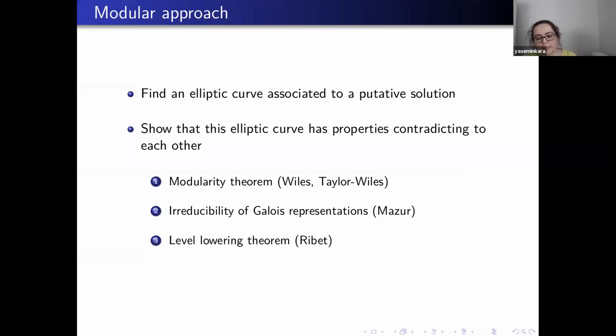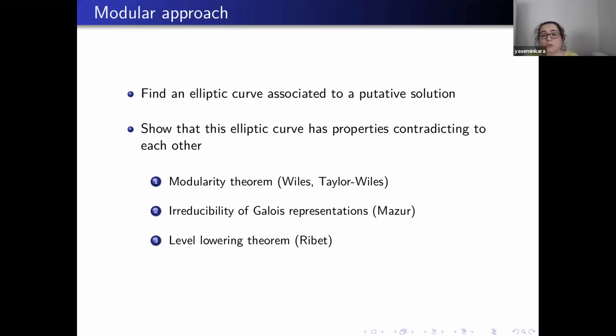Then for this solution, they attach an elliptic curve. And then, by using many important theorems, they show that this elliptic curve, which is called the Frey elliptic curve, has properties conflicting with each other.